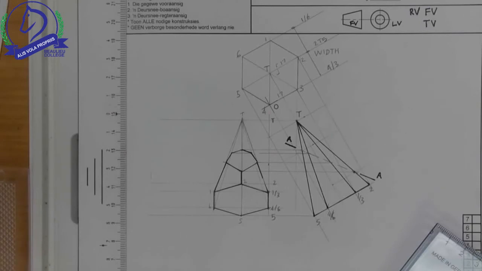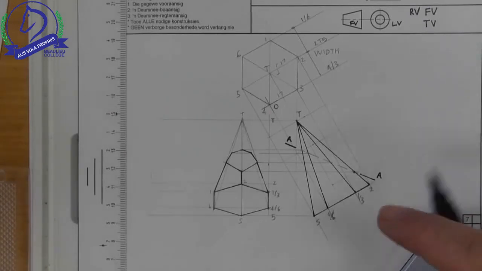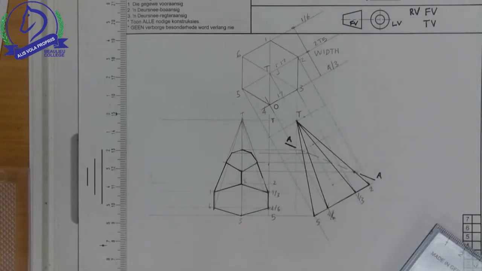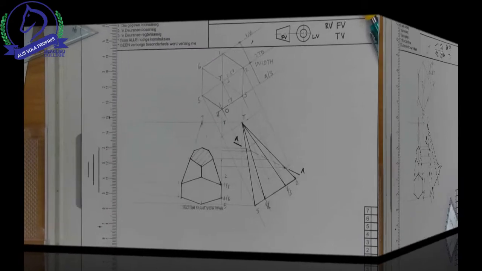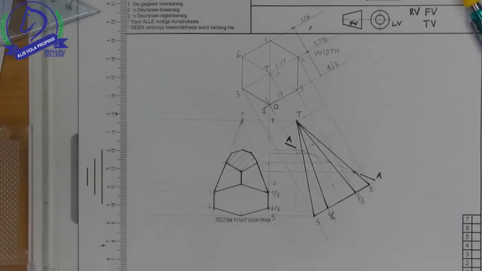There I've got the edges joined up of the remainder of the shape. I'm going to put in my hatching and label the views. There is your completed right view on AA.